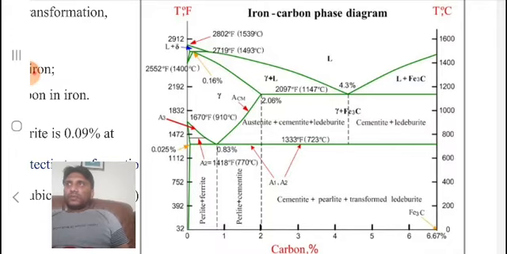The melting point 1539 degrees centigrade on the diagram is the melting point of pure iron, and around 1500 to 1550 degrees centigrade will be taken as the melting point of iron carbide.